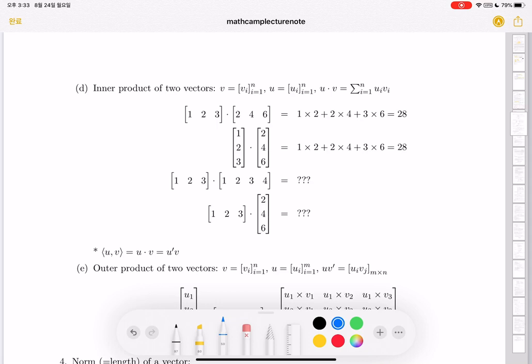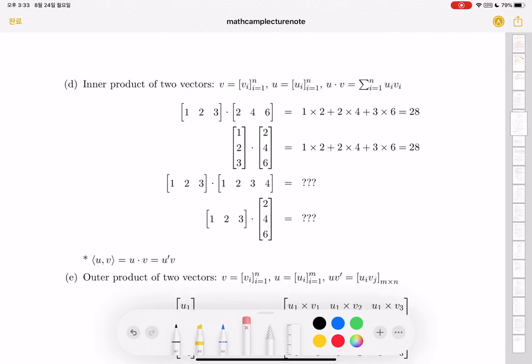There's the inner product. The inner product of two vectors is this. Here, the inner product or dot product of (A, B) and (C, D) is AC plus BD. So the inner product is a vector-and-vector to scalar operation.